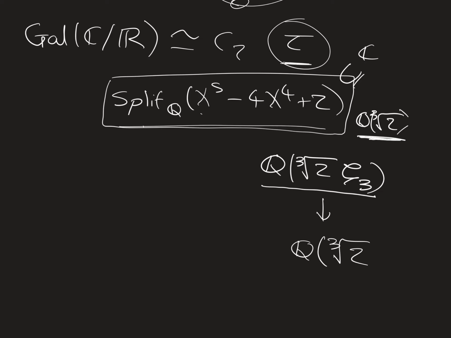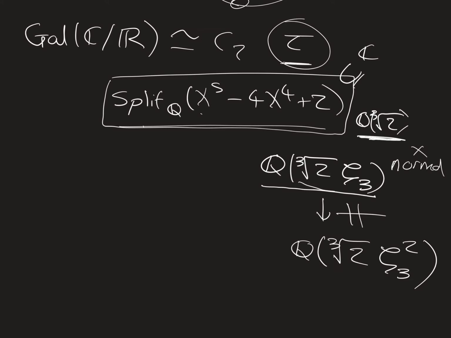It would map it onto the cube root of 2 times zeta 3 squared, which is a different subfield. These two are not equal to one another, even though they're isomorphic to one another. So it will map it onto something that's isomorphic to it, have no fear about that, but it won't necessarily map it onto itself, because this subfield isn't a Galois subfield, it's not normal.